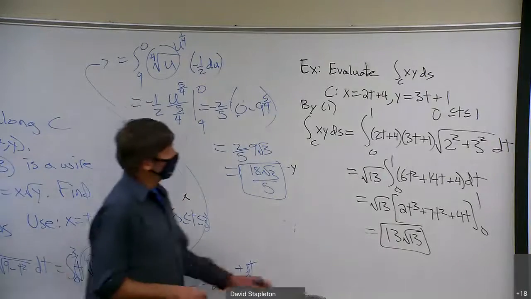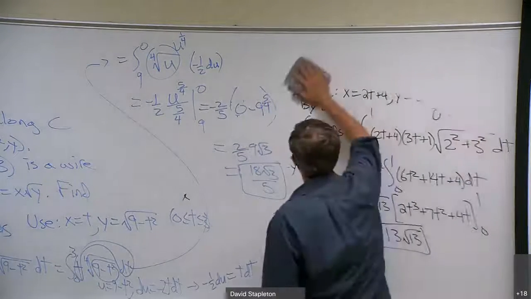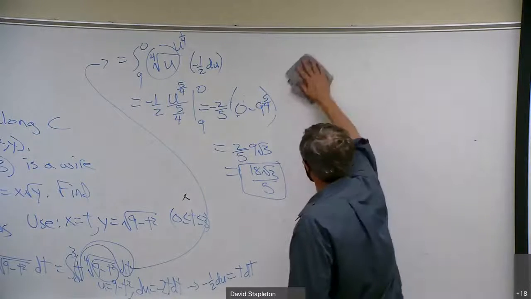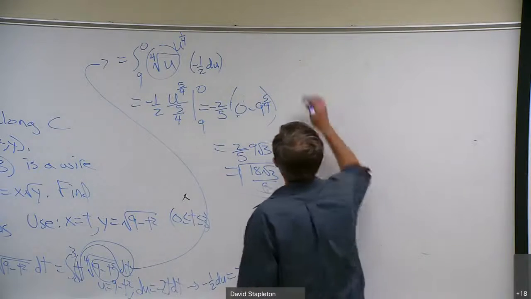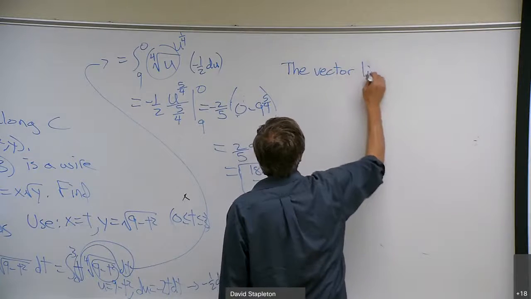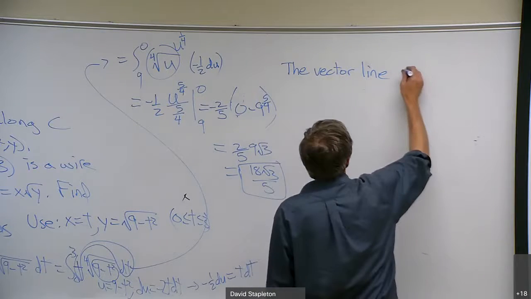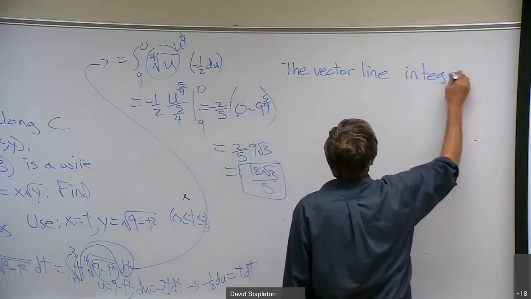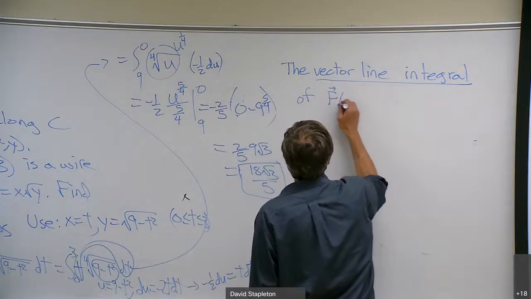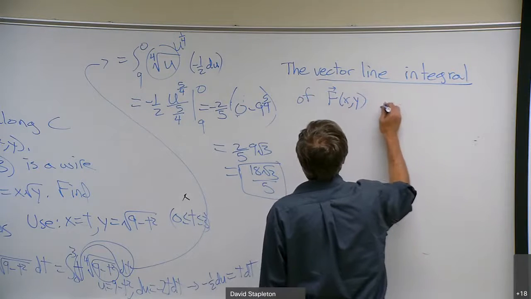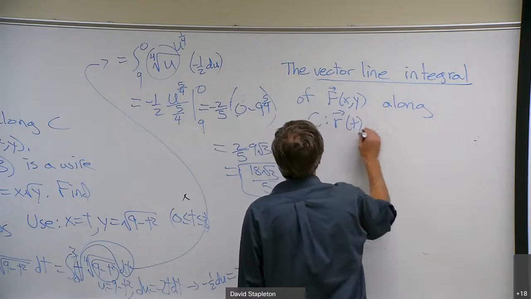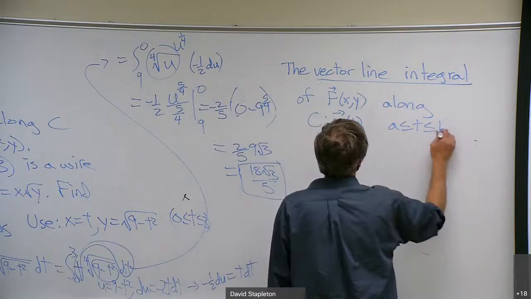Now we can do what's called the vector line integral. And boy, there's all sorts of new notations thrown in here. I like to just boil it down to these two and think of the others in terms of these two. The vector line integral: you have a line integral of a vector field F of x, y in the plane along a curve C given parametrically by a vector valued function r of t, t going from A to B, just for simplicity.